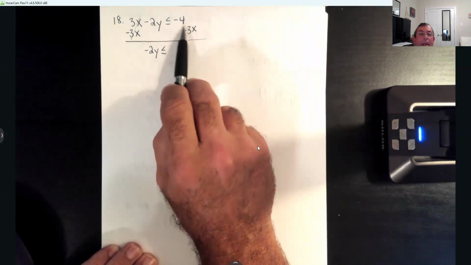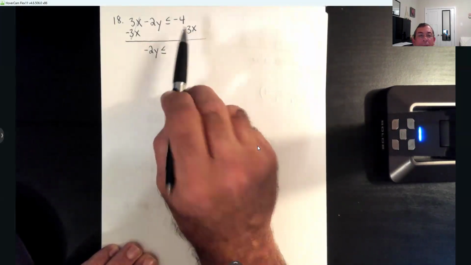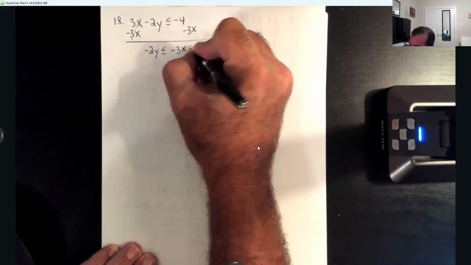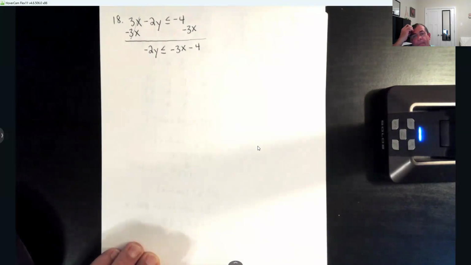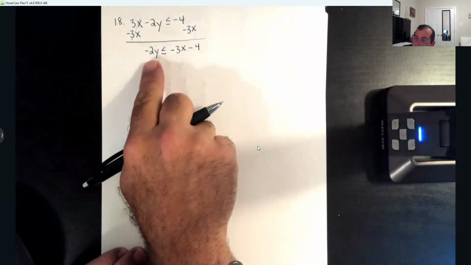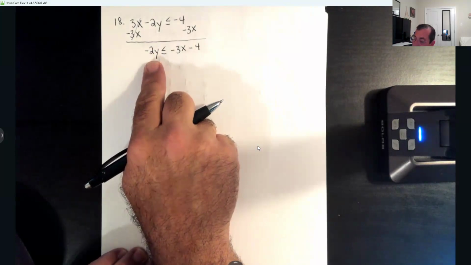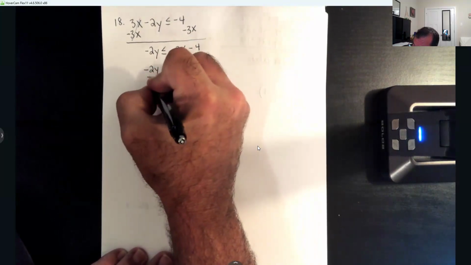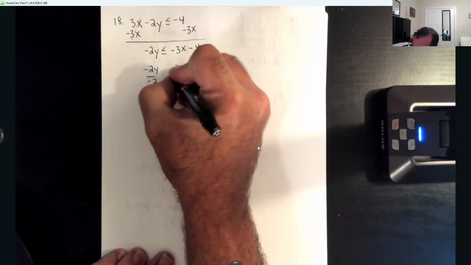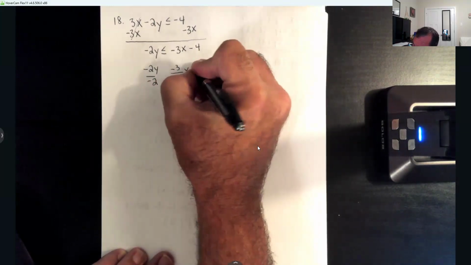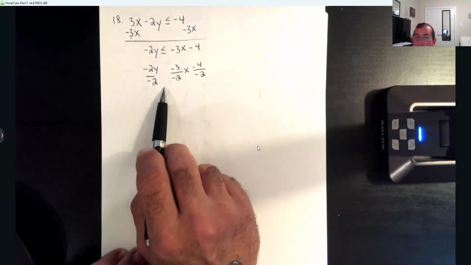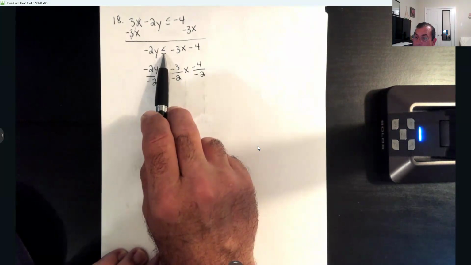These are not like terms, so I always put my x's first. So I want to make that a negative 3x and then minus my 4. Now, we want that to be a positive 1y. So we're going to divide everybody by negative 2. And y'all, guess what? Anytime you divide by a negative, you got to reverse the inequality.